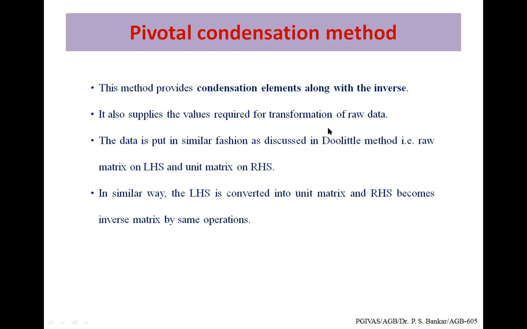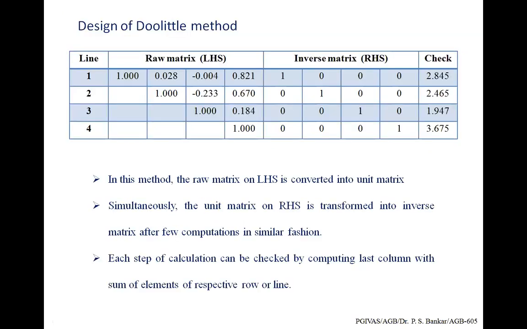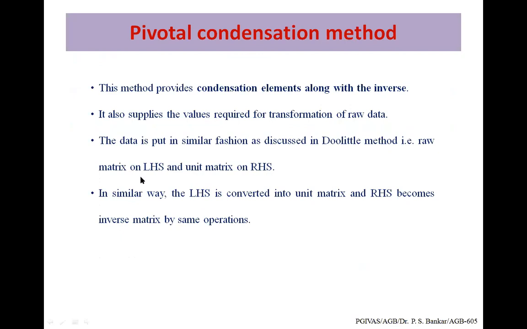Then pivotal condensation method. So in this method, what we are doing, we are condensing the elements to find out the inverse. And in the same fashion as mentioned in the earlier Doolittle method, we are keeping the original matrix on the left hand side and unit matrix on the right hand side, and we are following some operations so that we can have a unit matrix on the left hand side.